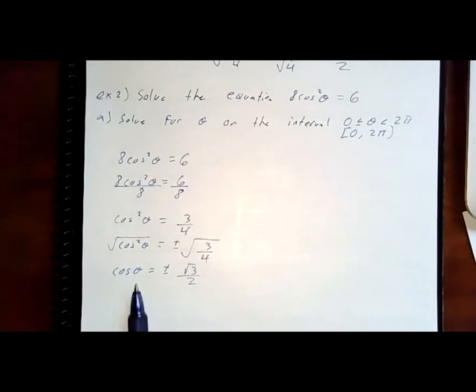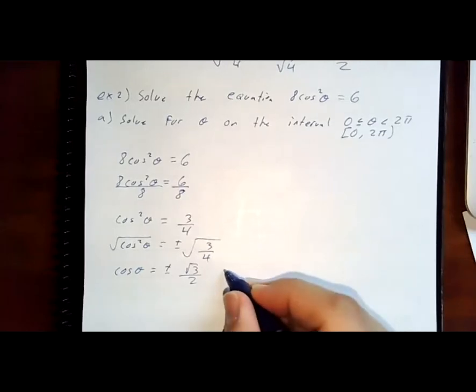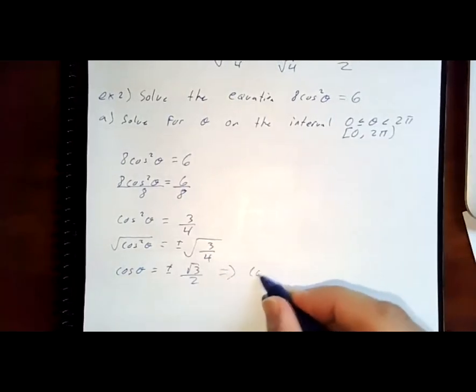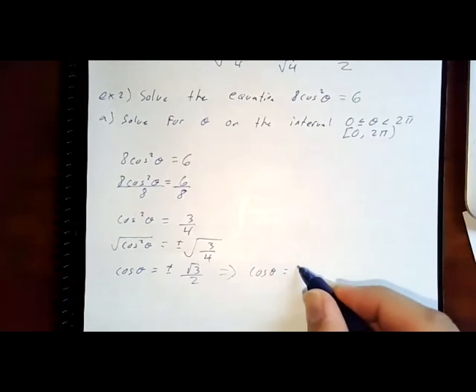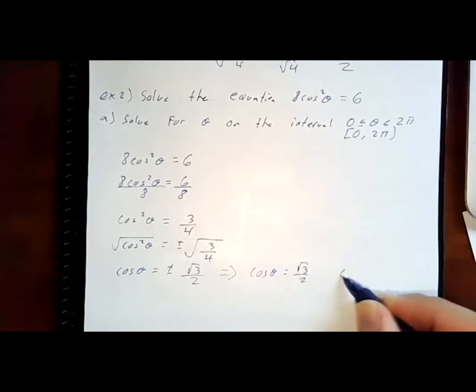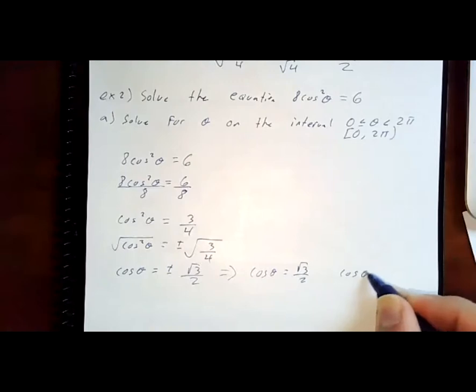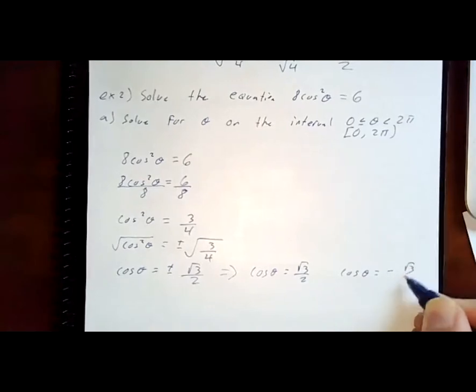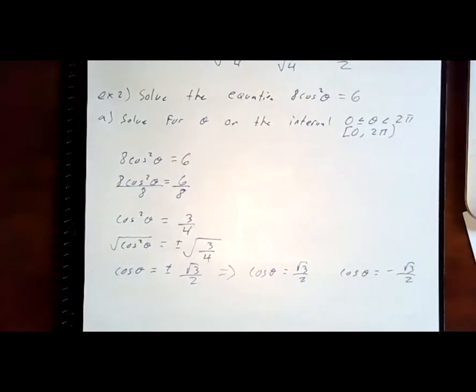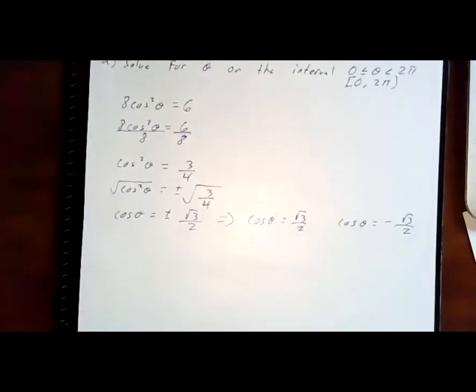Okay, so now we have two answers we need to find. This means cosine theta equals square root 3 over 2, or cosine theta equals negative square root 3 over 2. So we have two different answers, and each of those answers probably has two locations, right? You can look at the circle right away, so you can see what I mean.